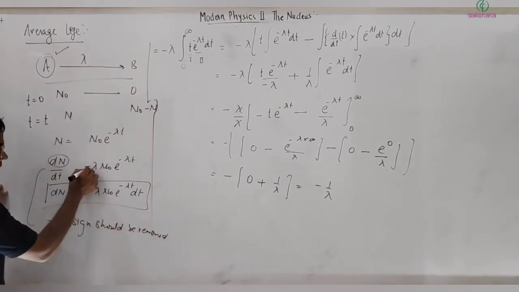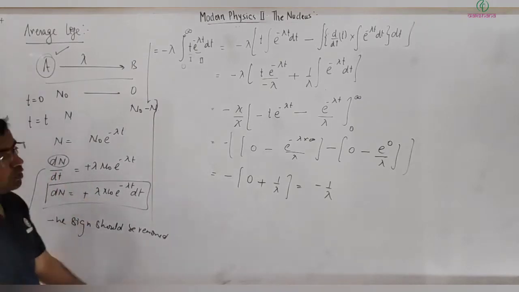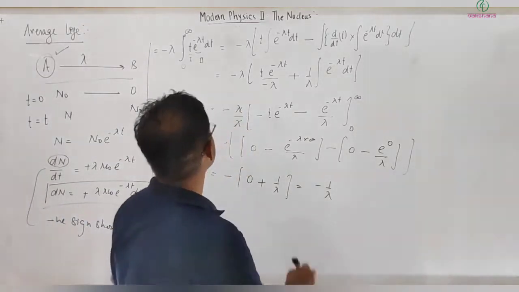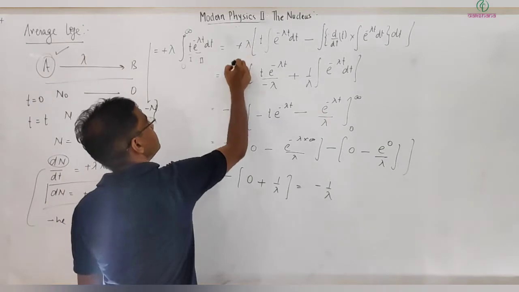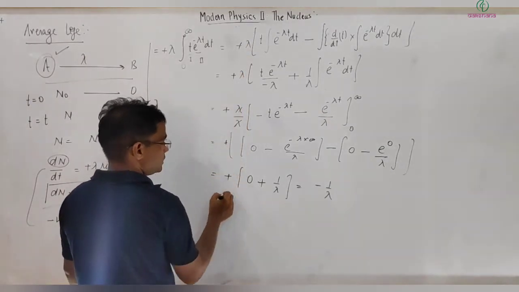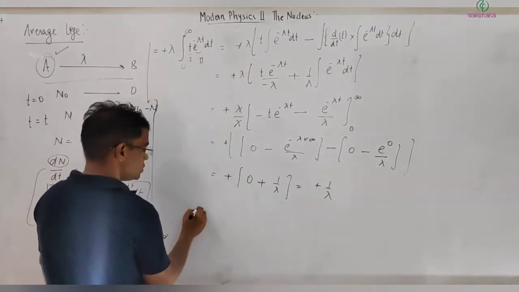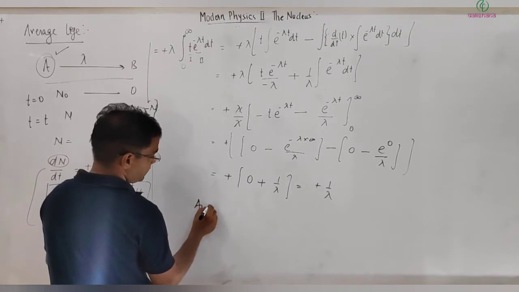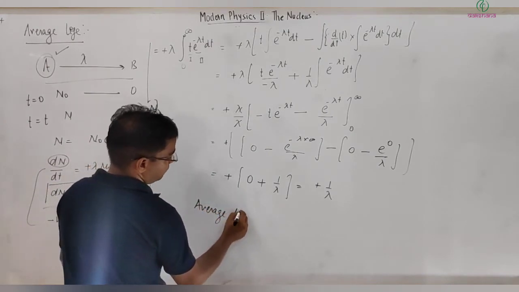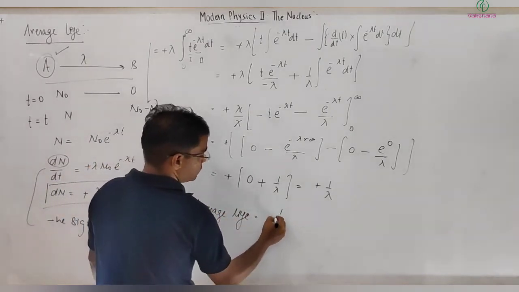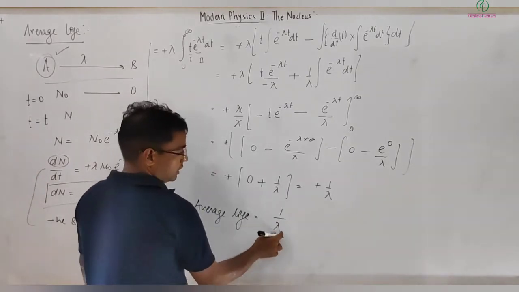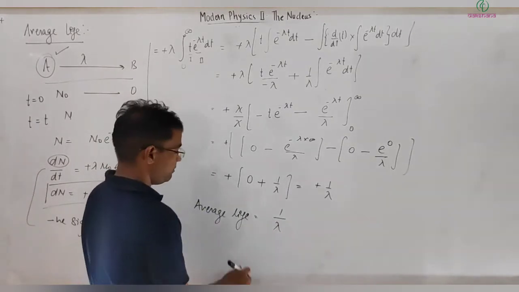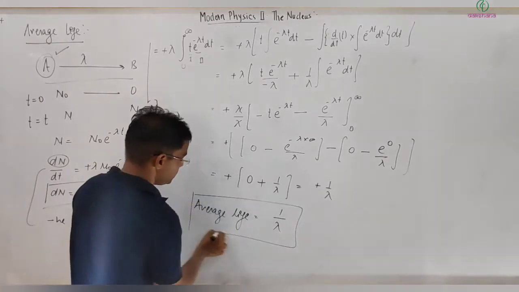If we make it positive, automatically this will be positive, this will be this and this, and finally we will get this. So here you can write average life, finally we are getting it's 1 by lambda, or 1 by decay constant.